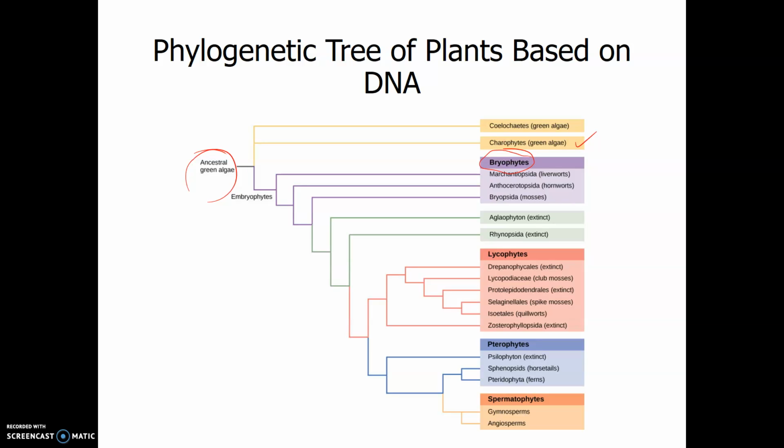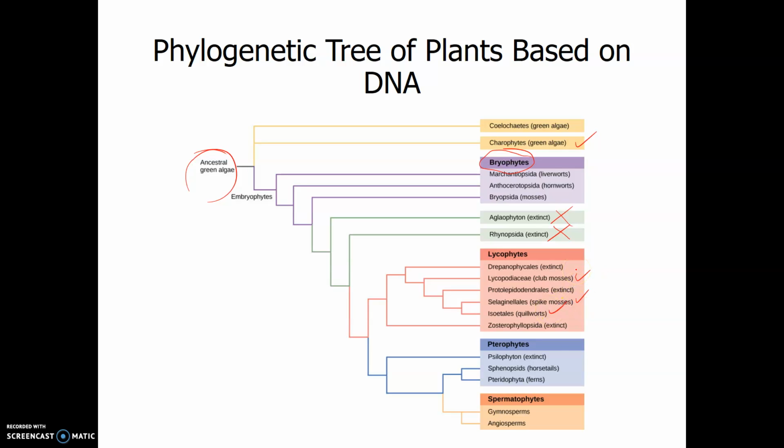And then there are 2 groups that went extinct, which we will not really study that much. And then there are the lycophytes, which have several groups that have gone extinct, but they include the club mosses, the spike mosses, and the quillworts.